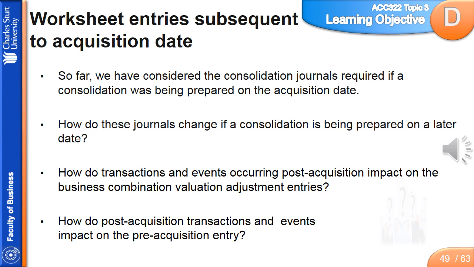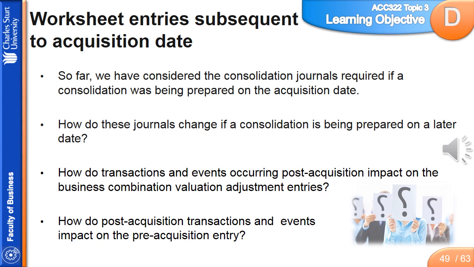So far in our examples, we've been looking at the consolidation journal entries required if a consolidated set of financials were prepared as at the date of acquisition. However, as Learning Objective D said, we also need to consider what happens in subsequent balance dates post-acquisition when we prepare consolidated accounts.